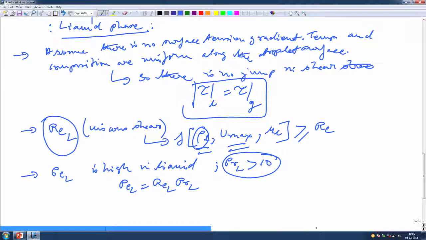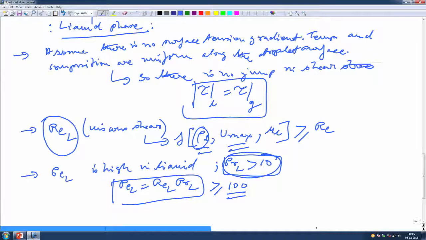So, the Prandtl number is usually a high enough quantity, and the Peclet number is usually high, sometimes greater than or equal to 100 in many of the cases that we are going to consider. Now, when the Peclet number is that high, that implies that convection is much more dominant than diffusion. Essentially that is the significance of the Peclet number.